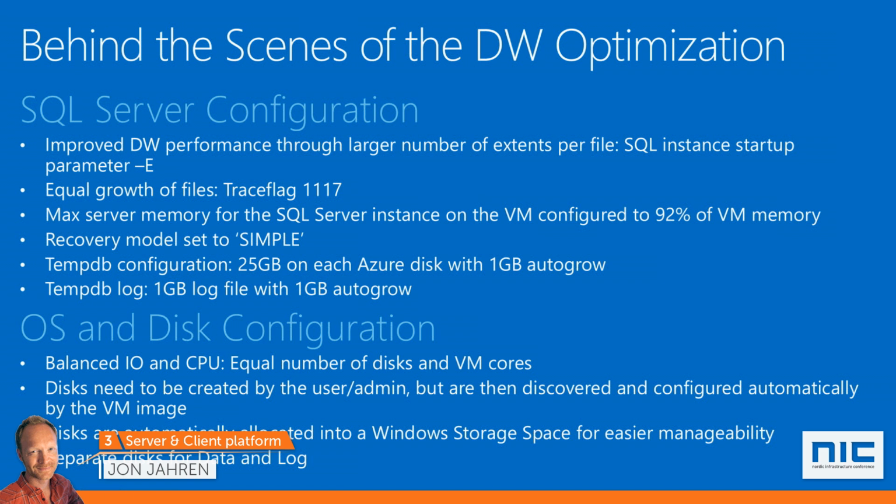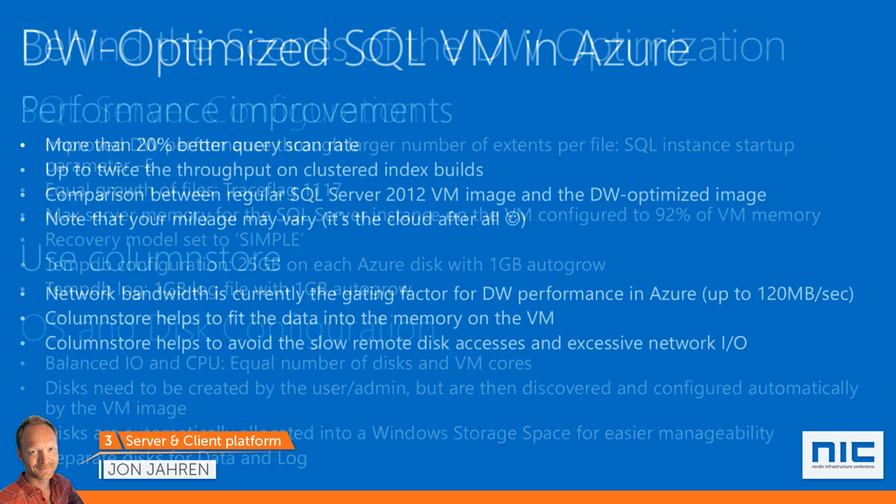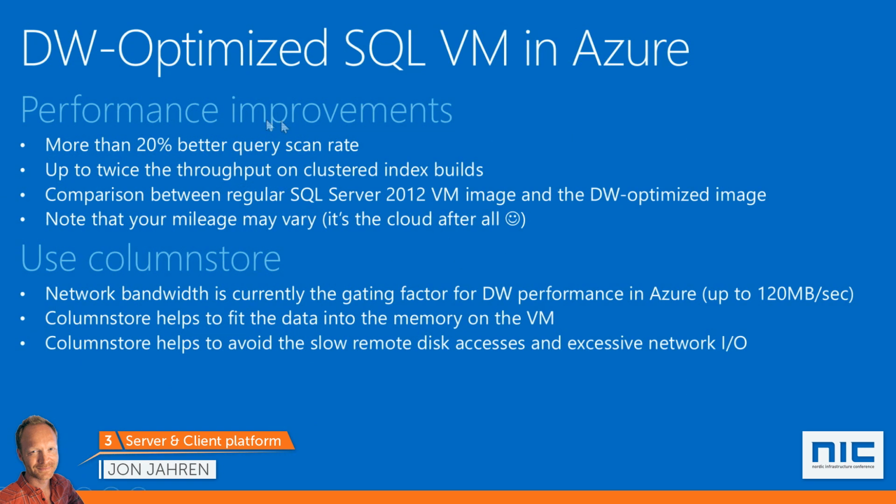And so this is the data warehouse optimization. And typically we say that if you choose this for data warehouse optimized workloads, you'll typically get like a 20% better scan rate and about twice the throughput on clustered index rebuilds. But your mileage will vary.